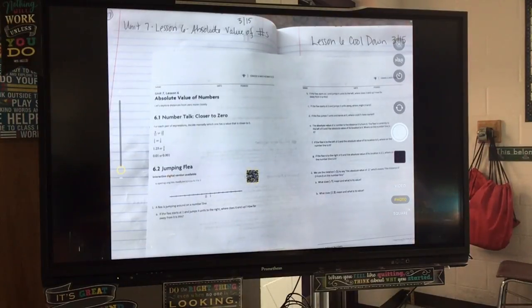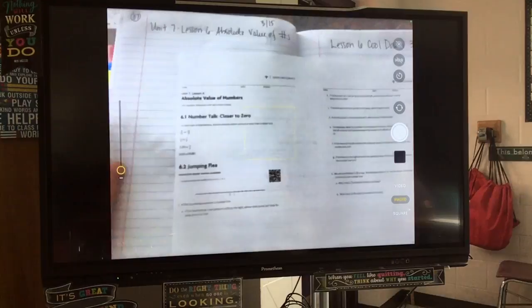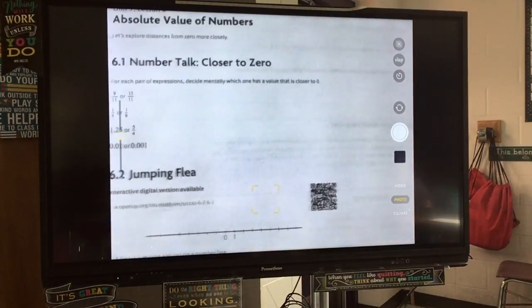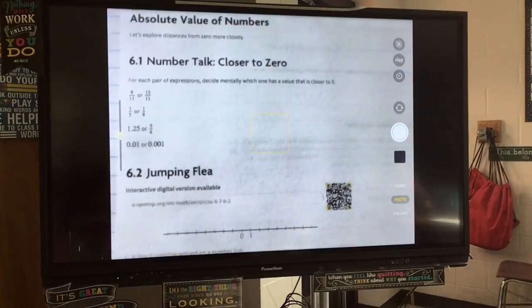All right. So, looking at the number talk. It's asking you, which number is closer to 0? So for 9/11ths or 15/11ths, stand up if you think 9/11ths is closer to 0.